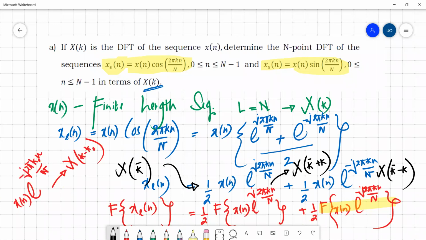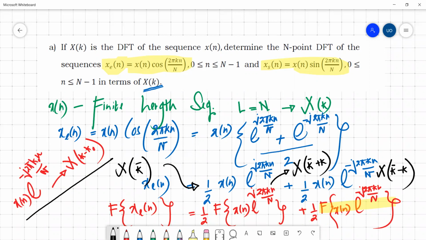So this basically refers to the properties of the Fourier transform. You should be able to apply some properties. There are plenty of properties, but because this is an open book exam, you can access all the DFT properties.